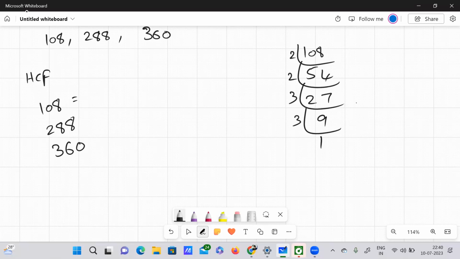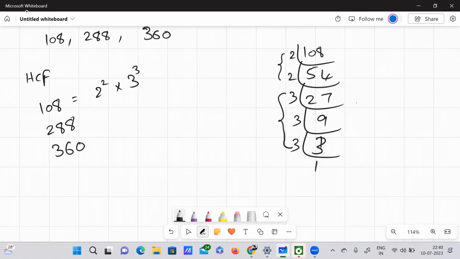So here nothing but 2 square into, sorry, 3 3s here, right? And 3 1s. So here 2 square and 3 to the power of 3, 3 cube, right?